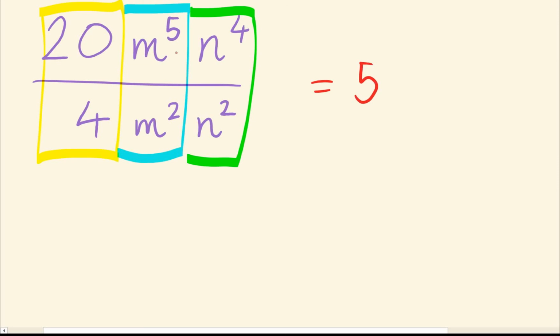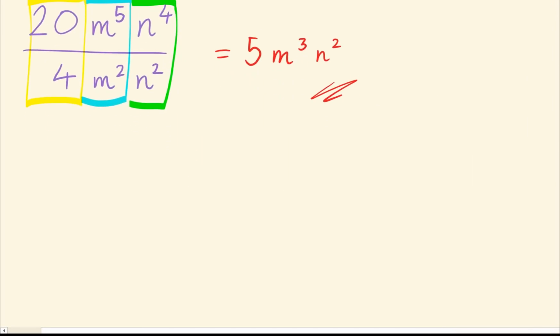Next, for my m's, I want to subtract the powers. So we do 5 take away 2. That gives us 3. So it's 5m to the power of 3. Then the same idea for the n's. We do 4 take away 2, which is 2. So it's going to be n to the power of 2, or n squared. And that's your answer. That's all you need to do.